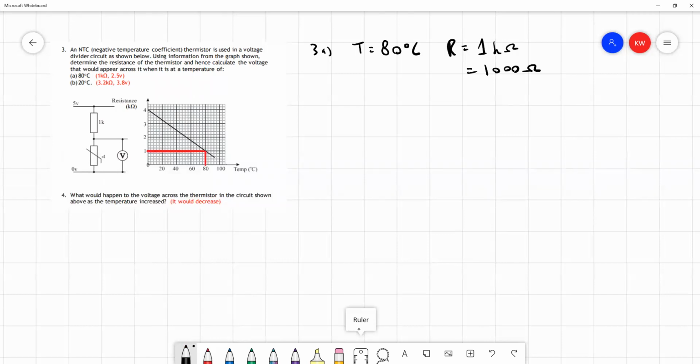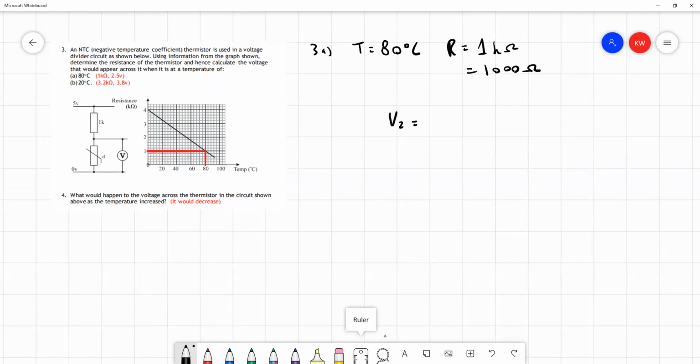We're asked then what voltage is going to be found across this thermistor. Well, we know in an arrangement like this, the bottom resistor, or resistor 2, has its voltage, V2, found using this formula.